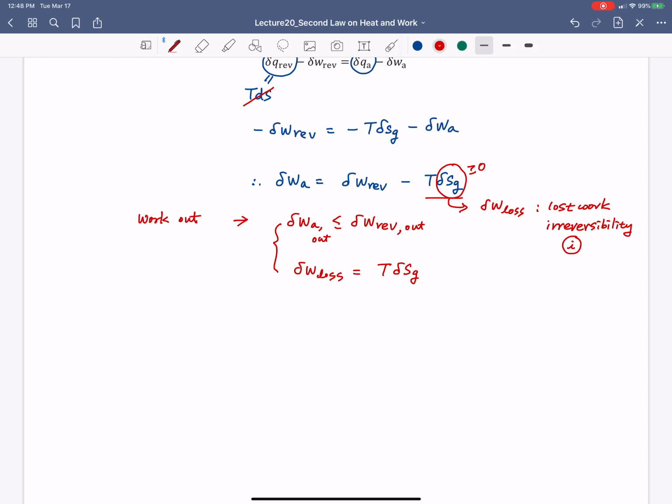So our whole design process should be focused on how we can minimize the entropy generation, because if we reduce the entropy generation, we also reduce the lost work.